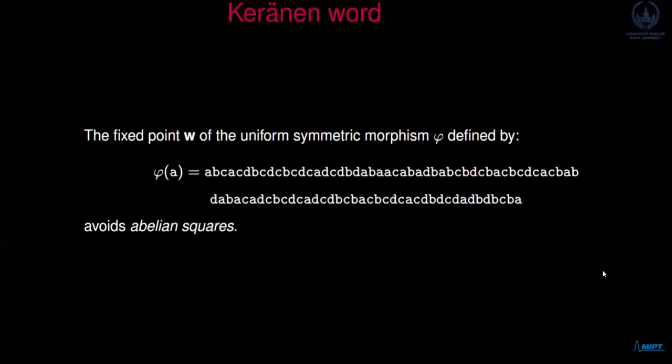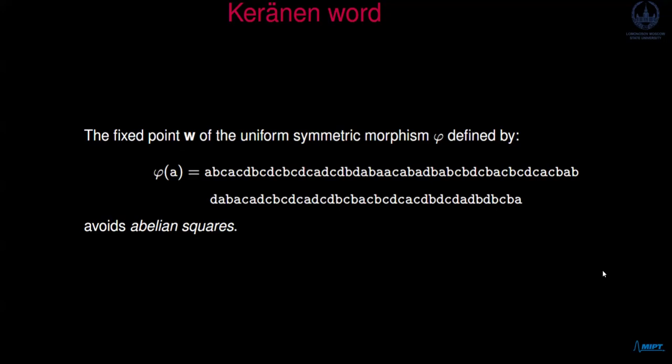One of the most significant results in the study of abelian squares is the construction of the Keränen word. This word is a fixed point of a uniform symmetric morphism, defined by a specific morphism phi, as you can see in the formula on the slide. The key property of this word W is that it avoids abelian squares entirely.